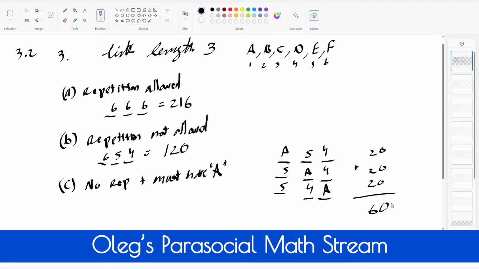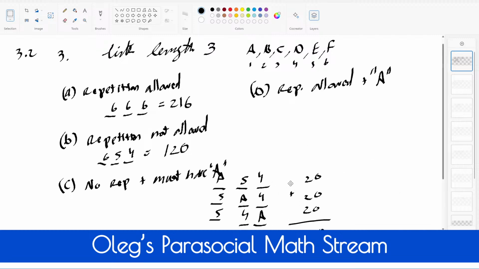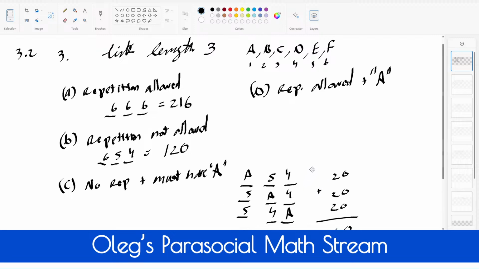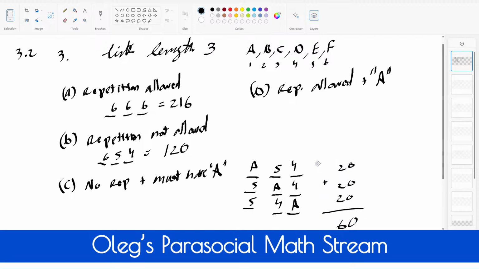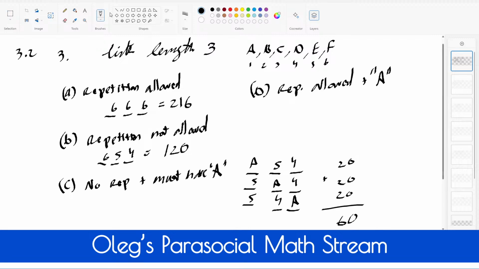All right. And then D, repetition is allowed and a list must contain the letter A. So in the last one, plus A. Okay, so let's move this down a little bit. Okay, good.